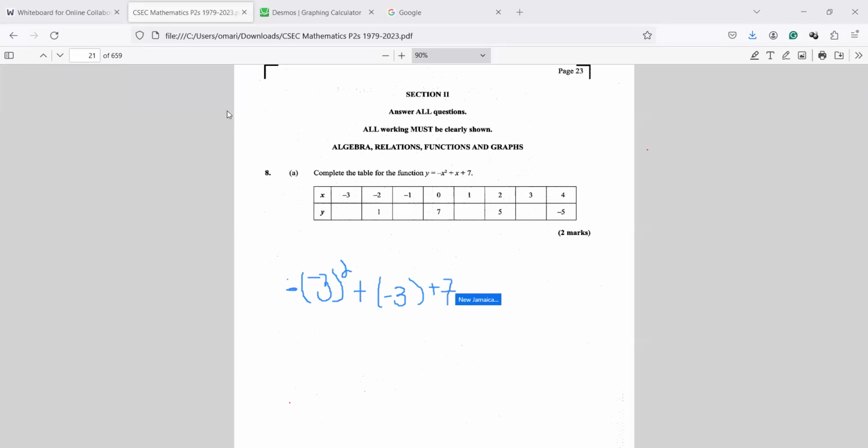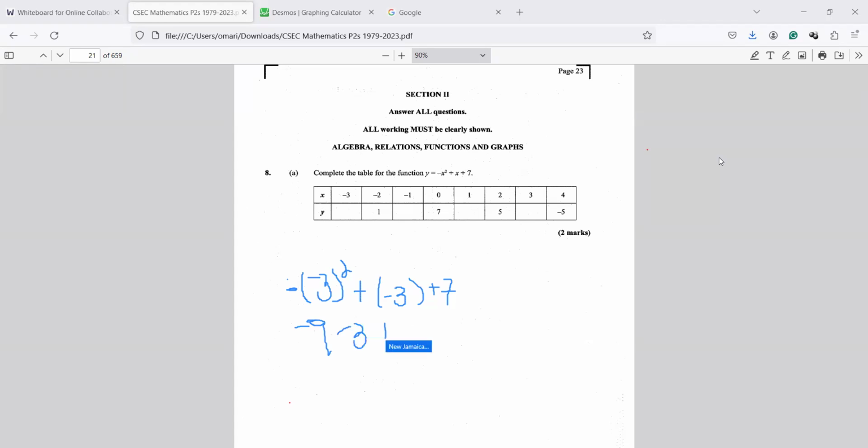So I'm just doing this first one just to give you guys an understanding of the fact that you have to include all your signs, and when working with negative numbers, it can be tricky. So -3 squared, 3 threes is 9. Negative times a negative gives you a positive. But remember, we had a negative sign at the front before, so this will give us -9. And then we'll have -3 here.